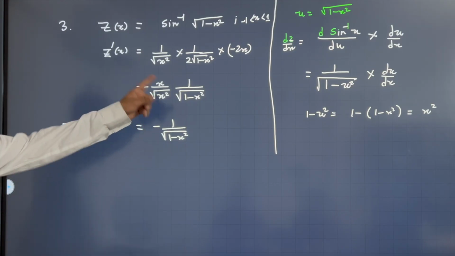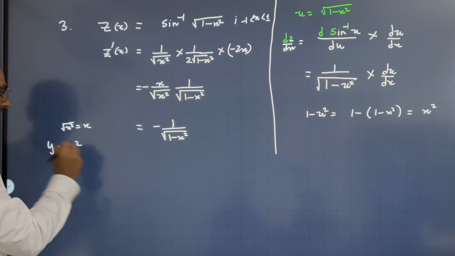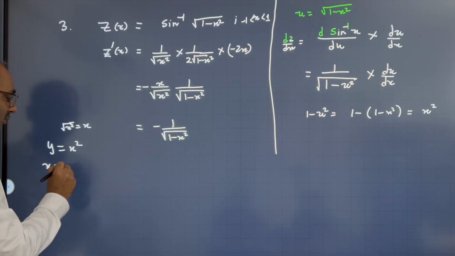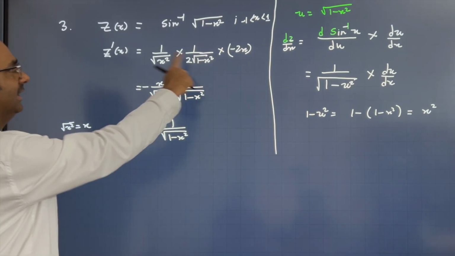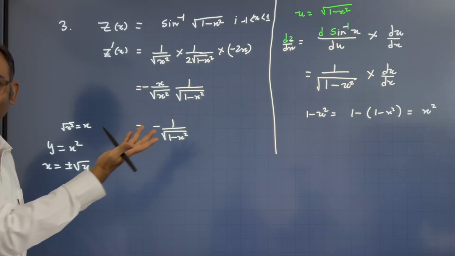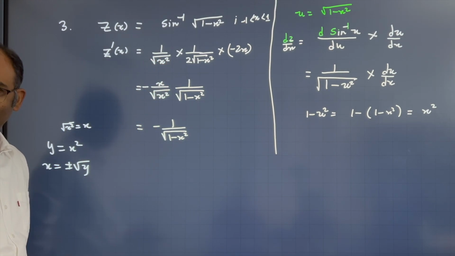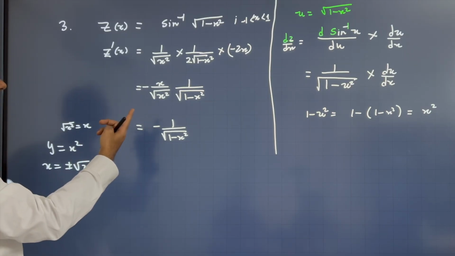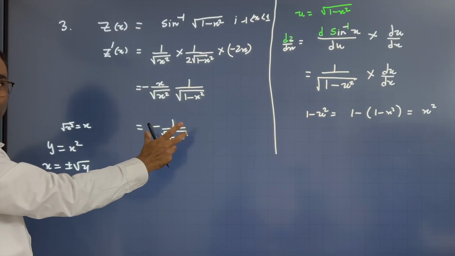See, you are not solving an equation. You are not saying y is equal to x square, then x, what are the possible values? Then you write this. But here you have not done that. You have been given square root of x square. There is a positive sign in front. There is nothing to choose. So from here to here, you make a mistake. What is that mistake?